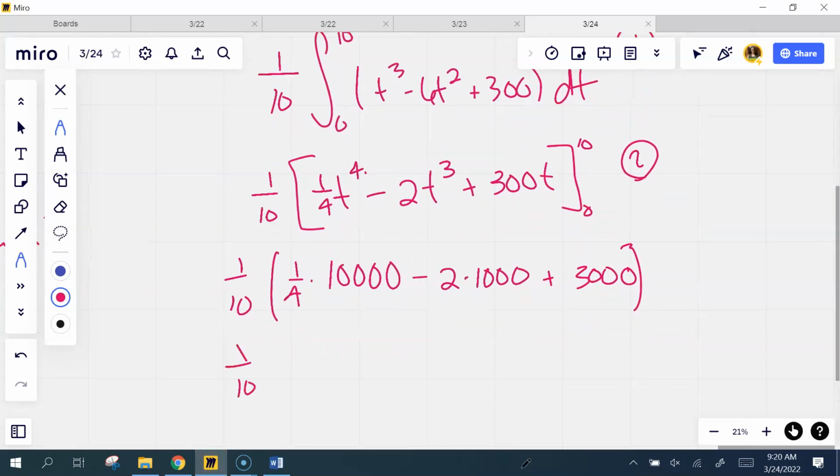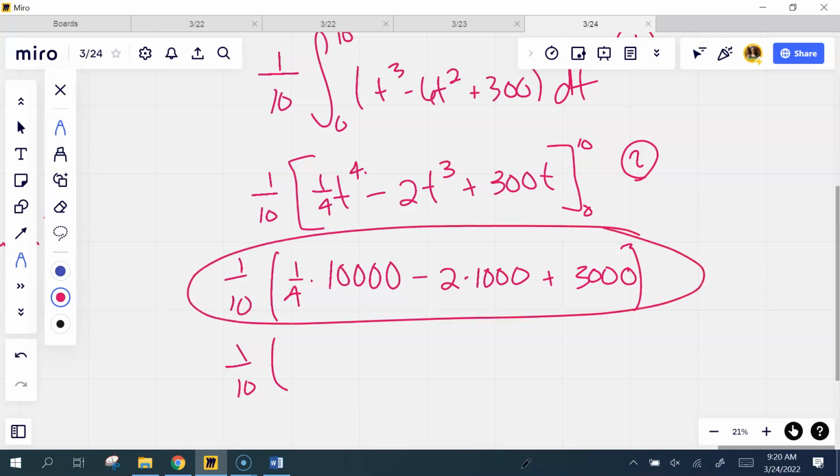So I got 1/10 times that, and theoretically you could leave it like that. That's what they say, though I never trust it.